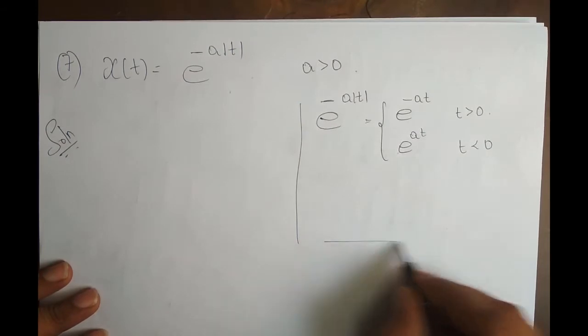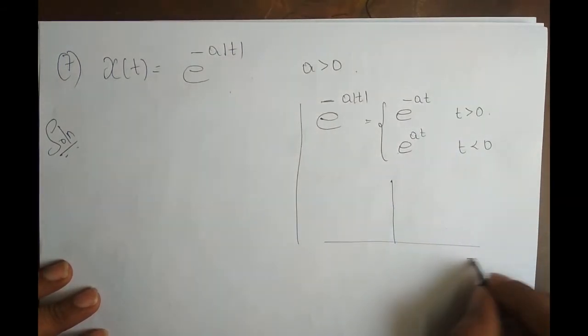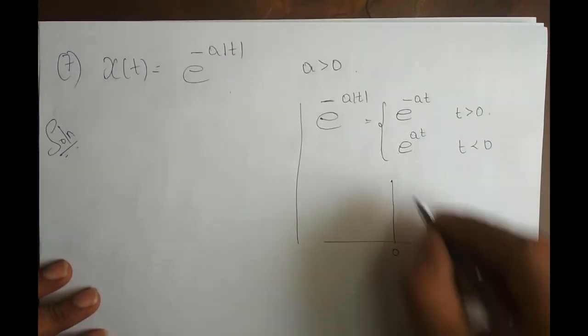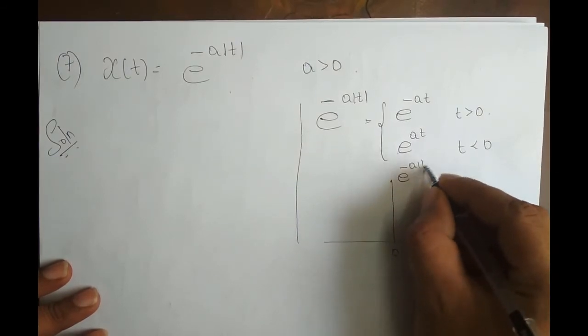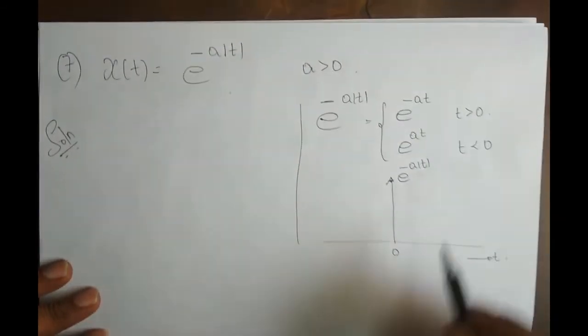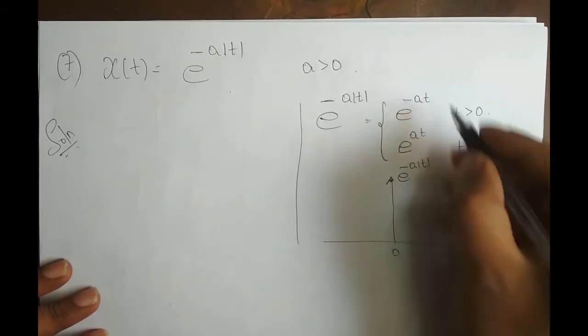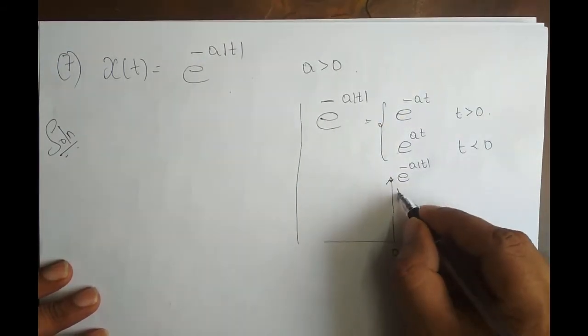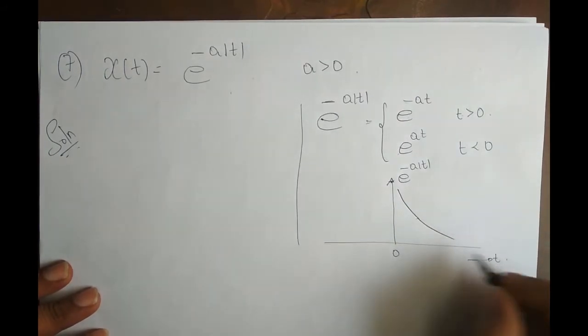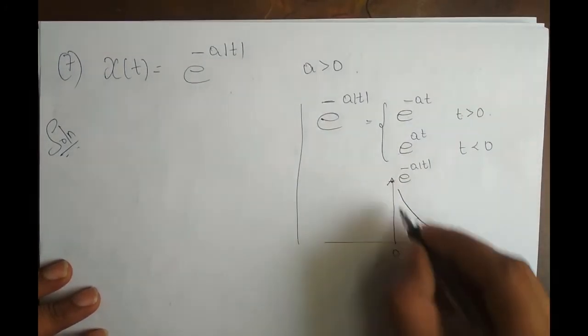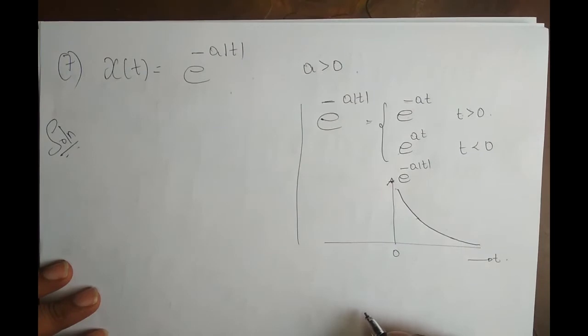Graphically, this is our independent variable t, 0, and this is e power minus a mod t. For t greater than 0 it is exponentially decreasing, because I have e power minus at. Small letter a says at what rate the signal is decreasing.